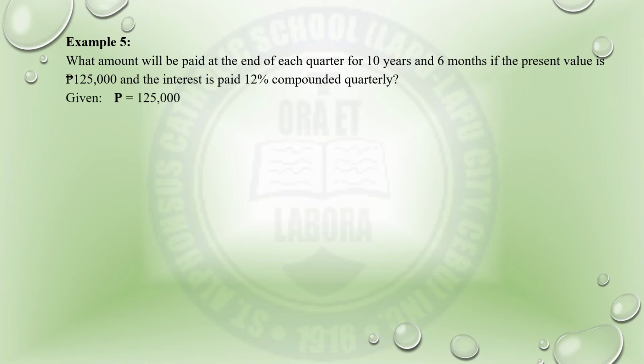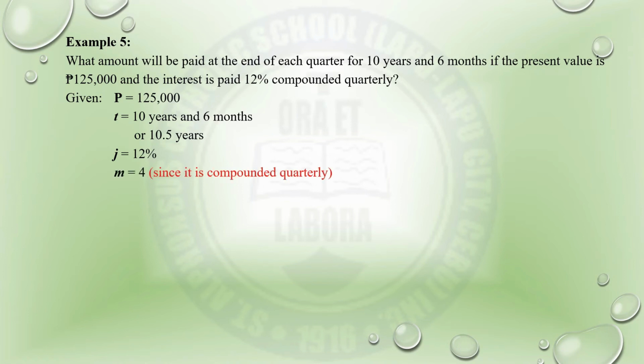The given P, or the present value or the principal amount, is equal to 125,000. The T, or the time or term of the annuity, is equal to 10 years and 6 months, or 10.5 years. J is equal to 12%.